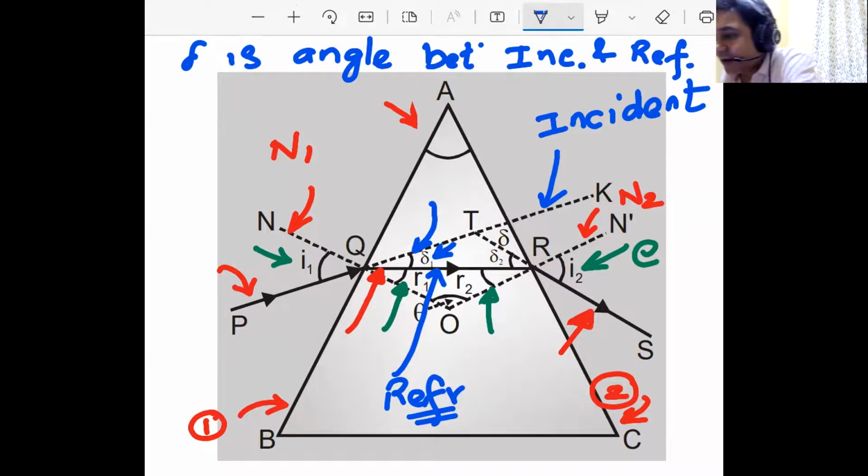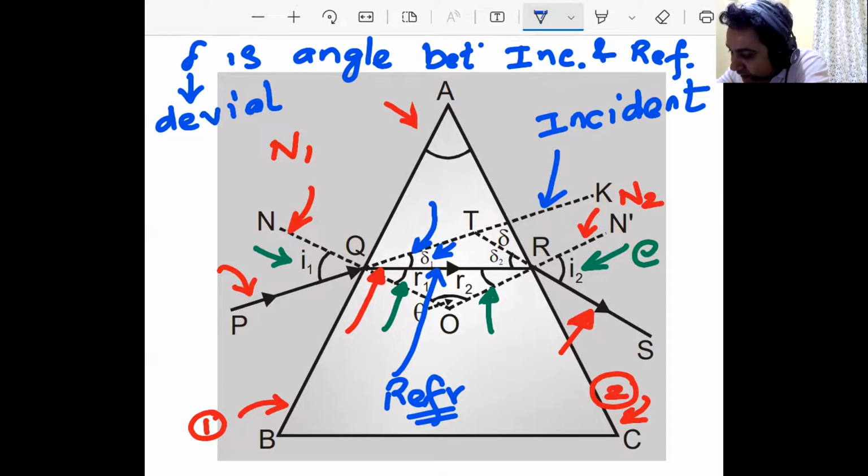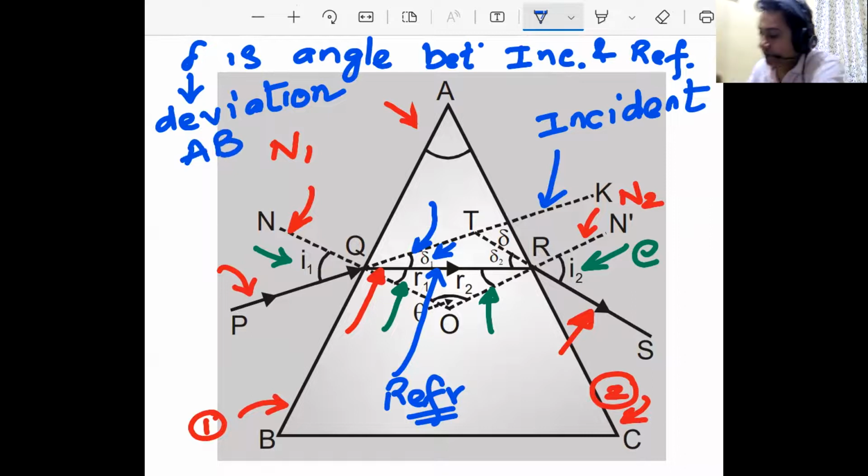This delta is known as angle of deviation, for which face? For the face AB. Do we understand this? Yes, sir. Delta 1 is the angle between incident ray and refracted ray. This is known as the angle of deviation for face AB.